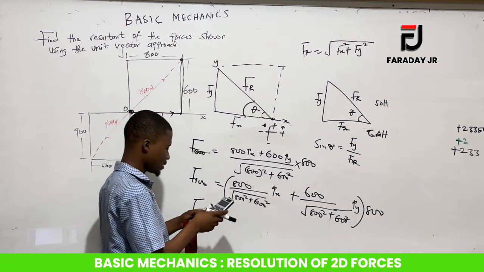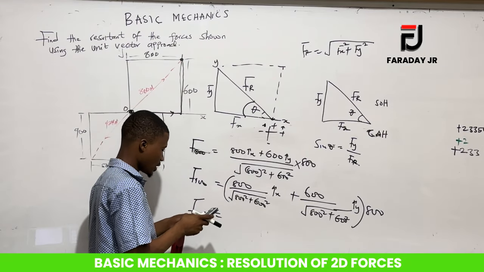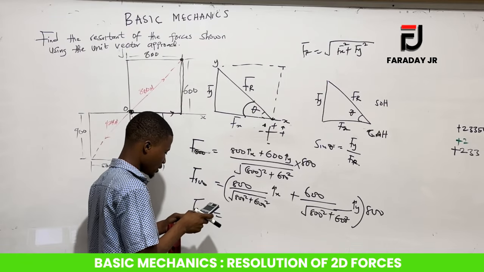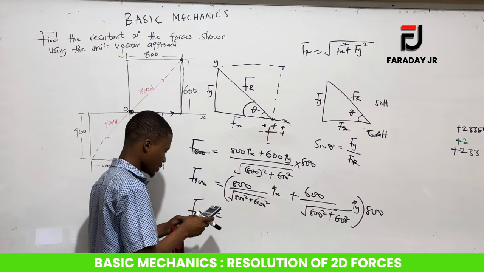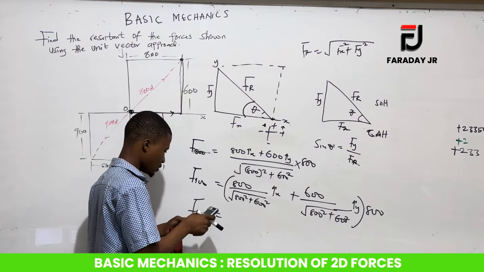We have 800 divided by root of 800 squared plus 600 squared.